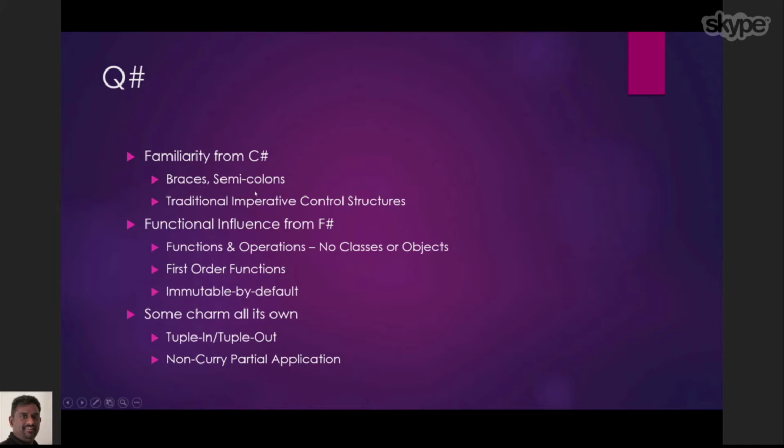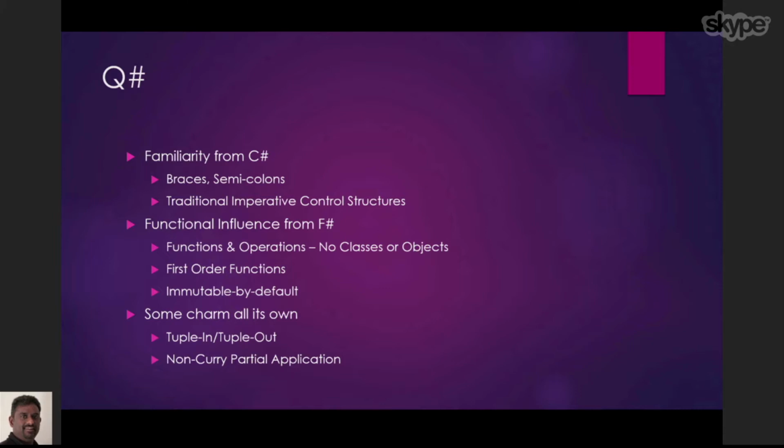Of course, Q sharp has some interesting idiosyncrasies all of its own. For example, it allows for partial application, but not partial application like F sharp does, in that because we have a tuple in, tuple out kind of structure, you can pass in any number of the tuple constituents and partially apply.